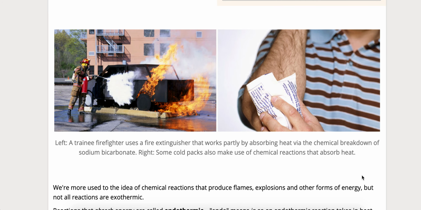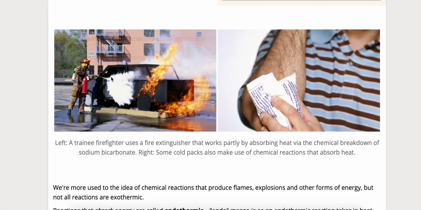Now, down below here we have two images. On the left, we can see a firefighter using a fire extinguisher, which works partly by absorbing the heat released from these flames via the chemical breakdown of sodium bicarbonate, which is contained in the fire extinguisher.